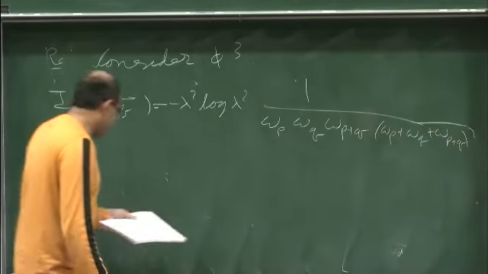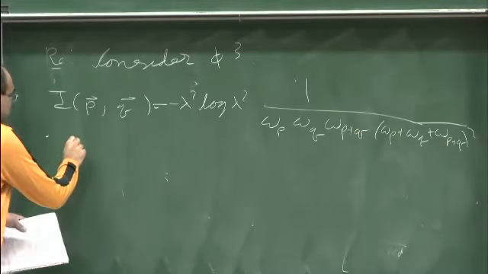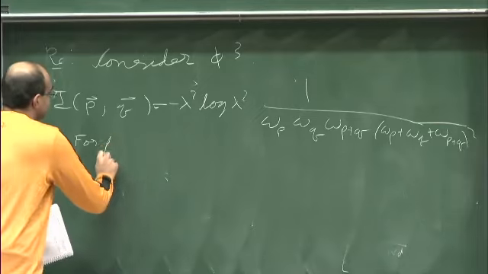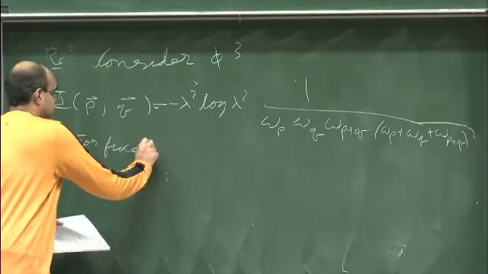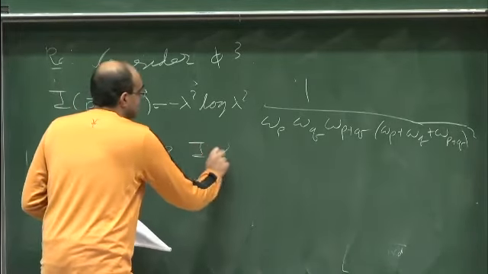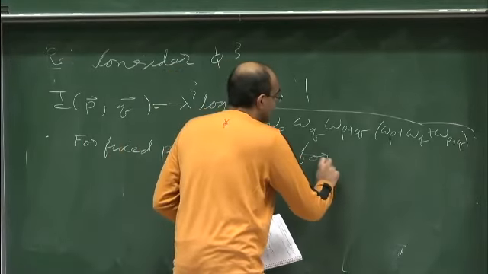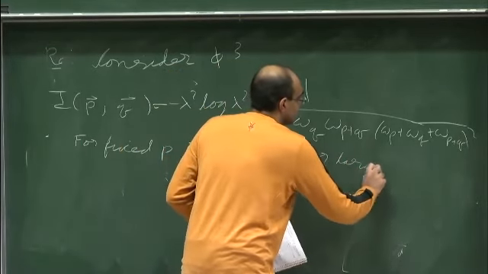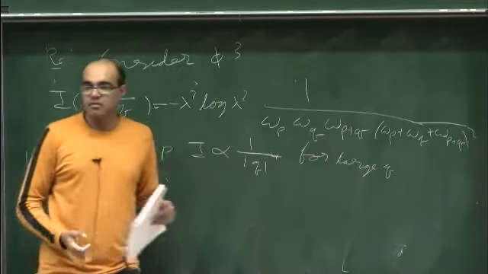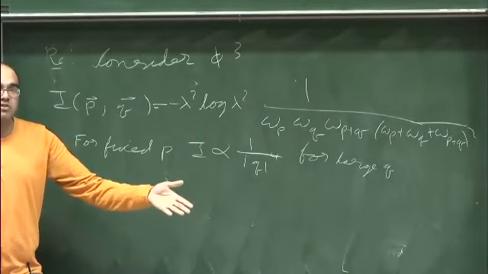There's a lot of structure in this, but one thing is for sure: for fixed p, this mutual information is proportional to 1 over q to the 4th for large q, which means that as they separate a lot, this thing falls off with some kind of power law.